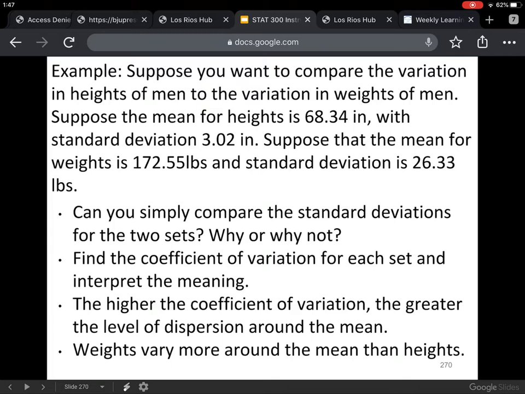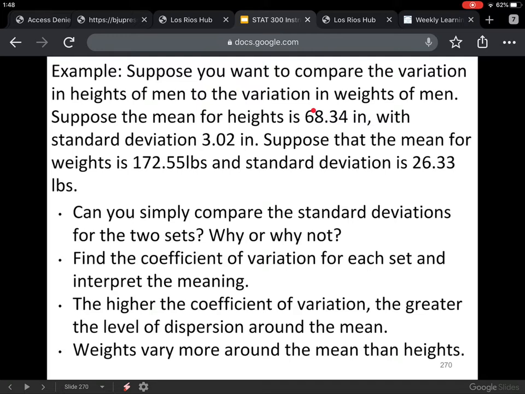And that's what we would get if we divided the standard deviation 3.02 by 68.34. And we get about 0.044, which is about 4.4%. And then do the same thing with the other one for the weights.